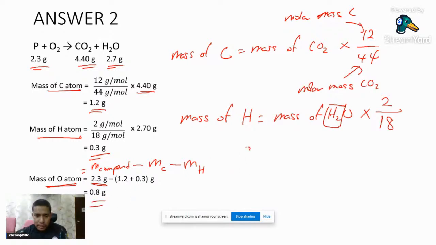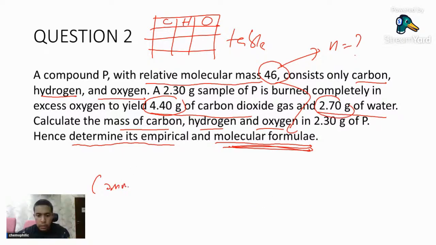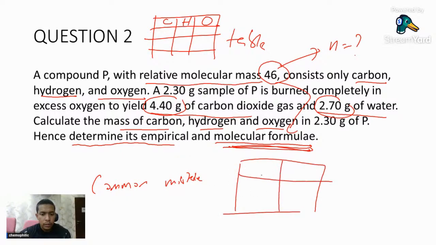Okay, a common mistake that students will make for this kind of question is, okay, the question gives you the mass of CO2 and also water, right? So the common mistake that some of you will make is you directly make the table. Then suddenly here it will be CO2, here will be H2O, you put 4.4 and then 2.7.